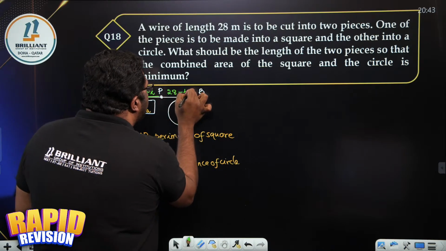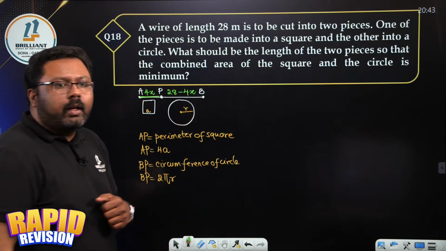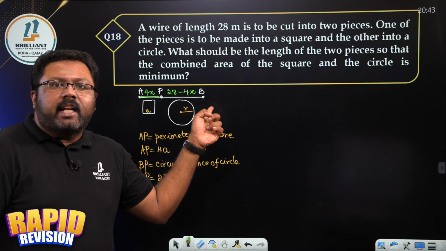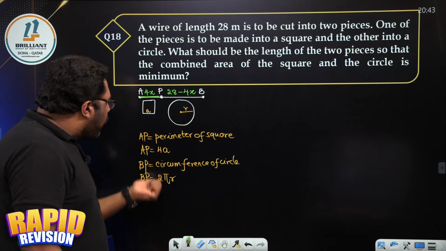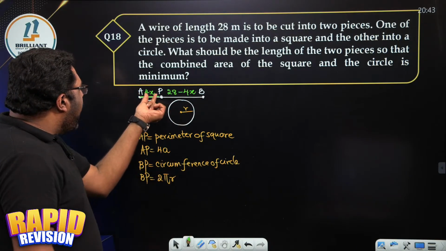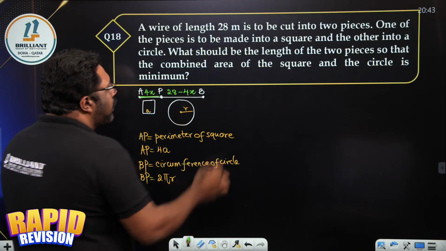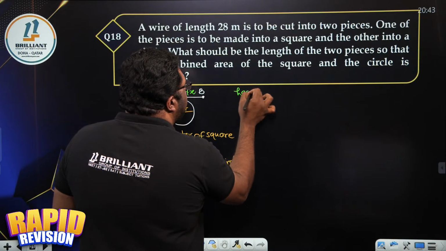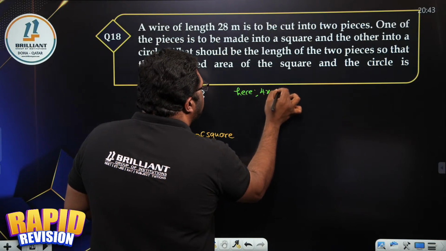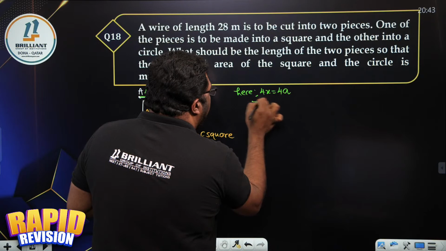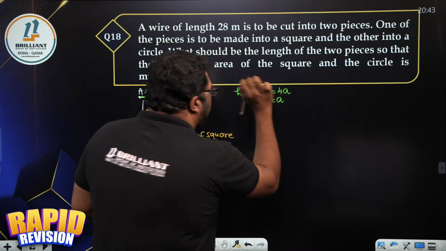This length is 28 minus 4x. The reason I'm writing it as 4x is I can write it without a fraction. So AP is 4x and BP is 28 minus 4x. So here, can I say 4x is equal to 4a implies x is equal to a.